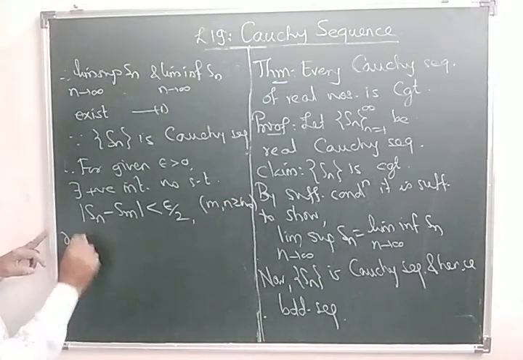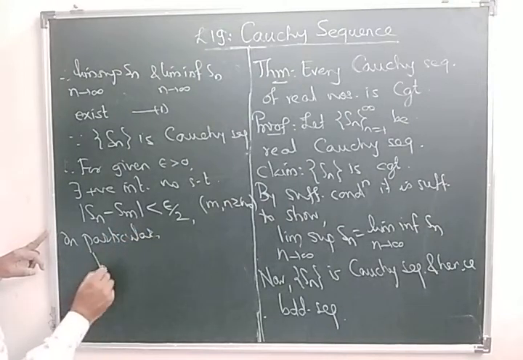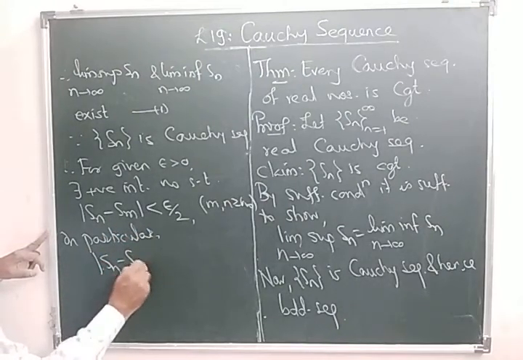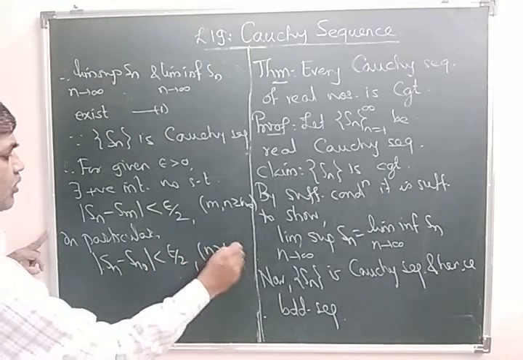In particular, mod of Sn minus Sn naught is also less than epsilon by 2 for every n greater or equal n naught.